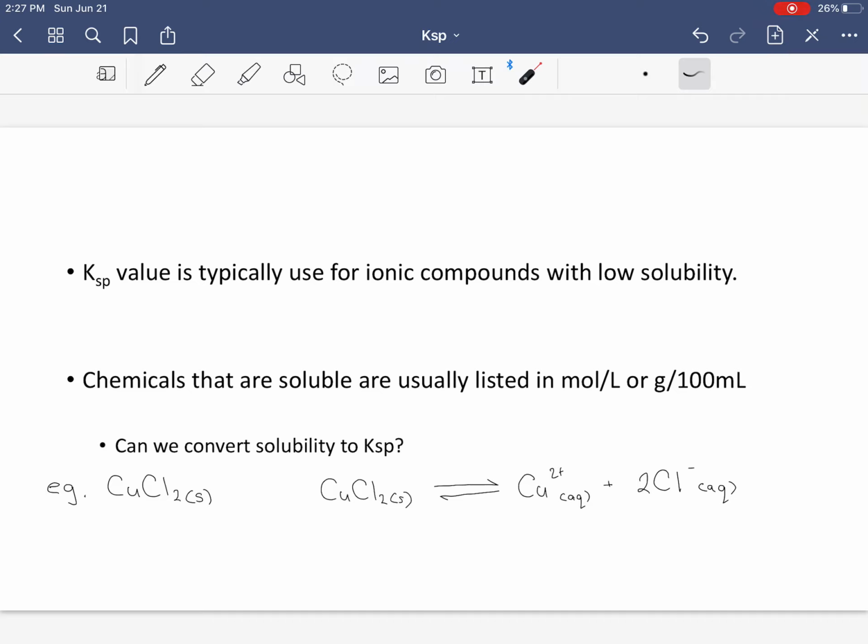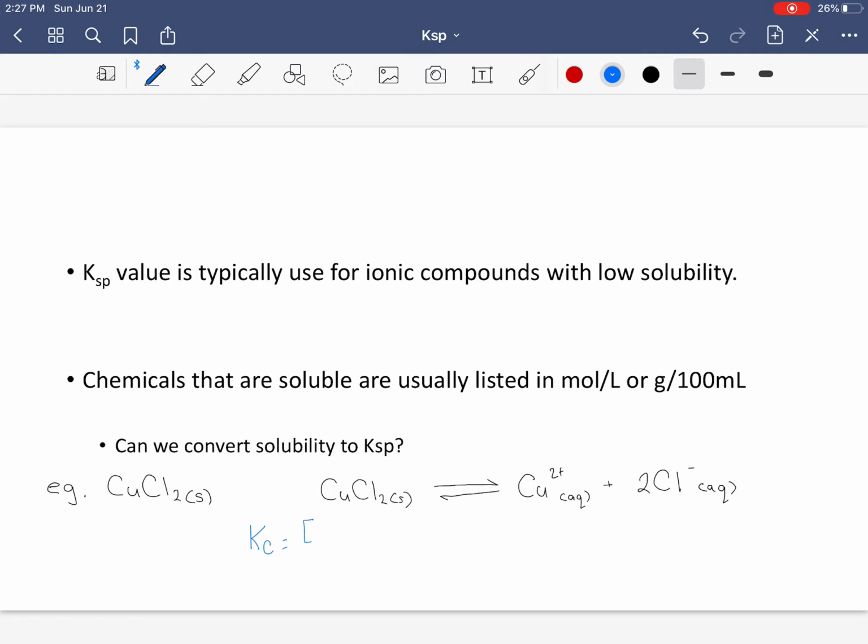Well, knowing that, if I were to ask you, hey, what is the Kc for this reaction? Now, a lot of you will say, yeah, that's an easy question, because I know that Kc is equal to products to the power of their coefficients over the reactants and their coefficients.